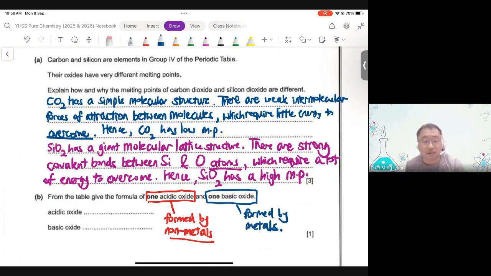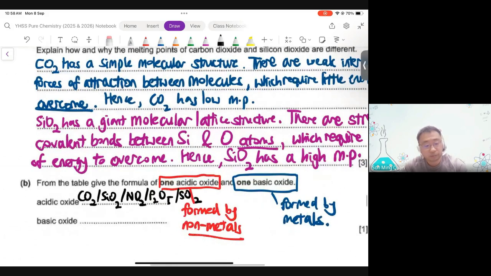So with that, there's a whole long list you could give. Acidic oxide, there's CO2, SiO2, NO2, P2O5, and SO2. Oxygen is not an oxide, so cannot.